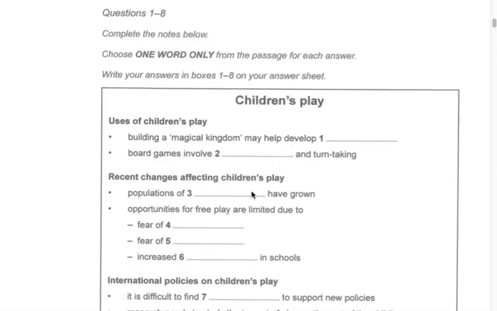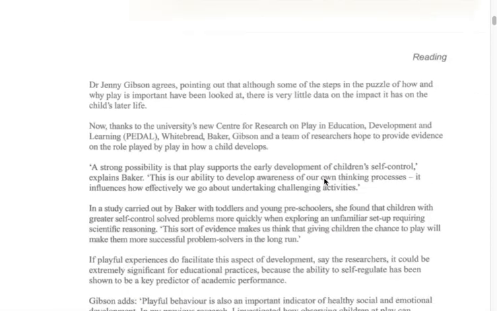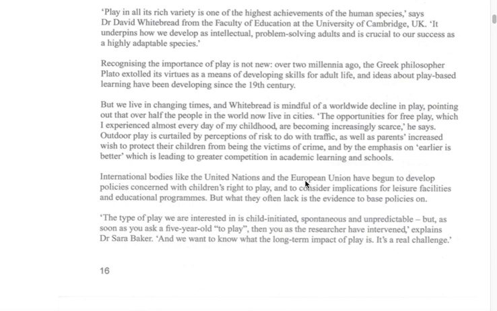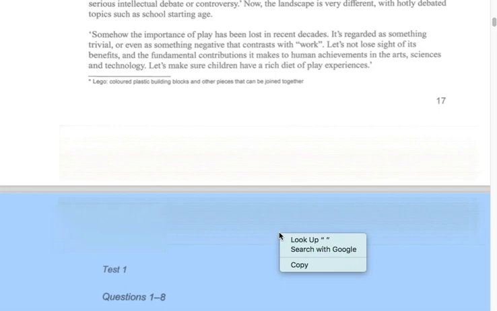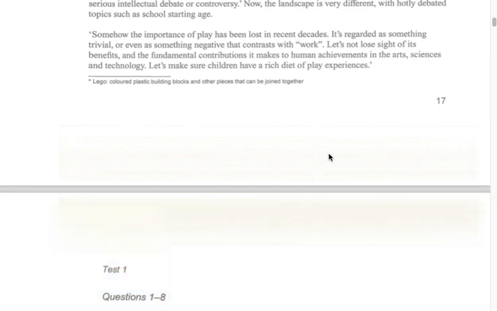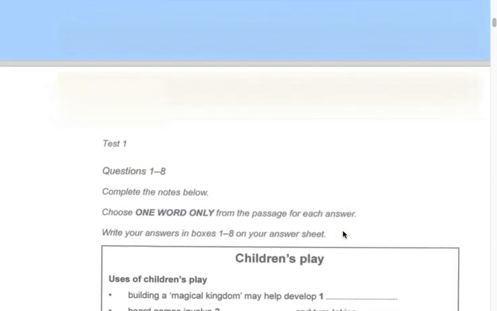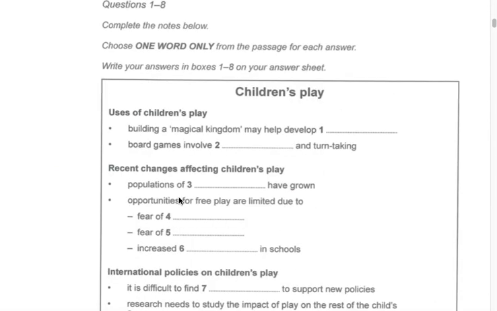Populations of blank have grown. Recent changes affecting children's play. So, pointing out that over half the people in the world now live in cities. So, the population of cities has grown. So, the answer would be cities. Populations of cities have grown.